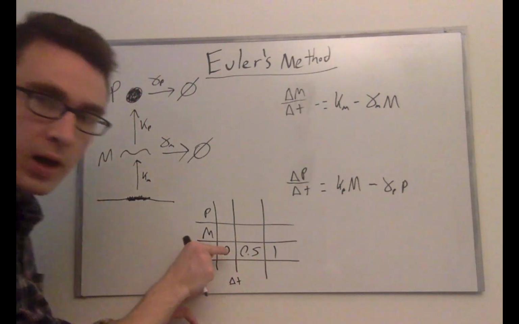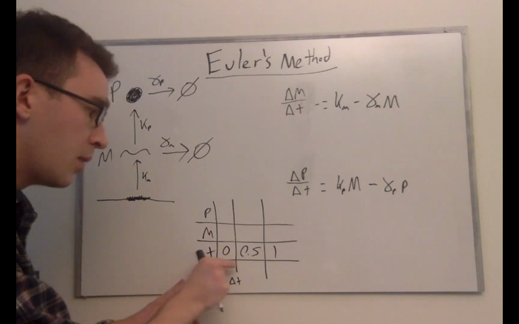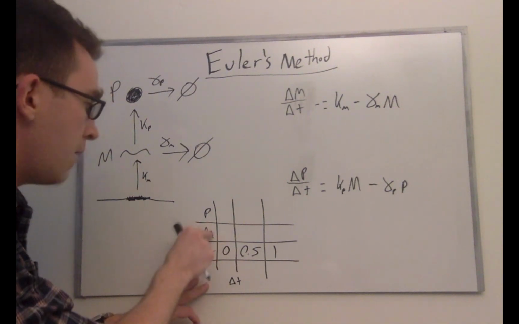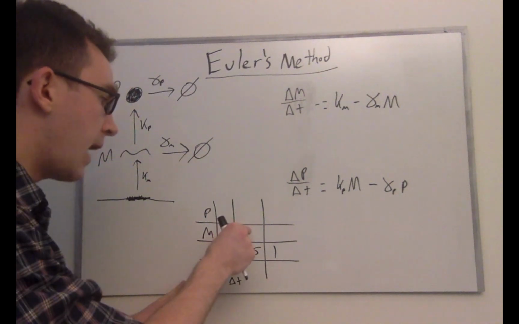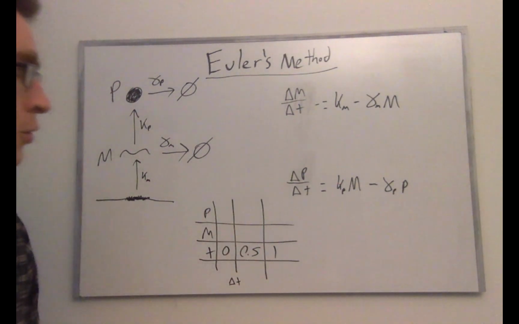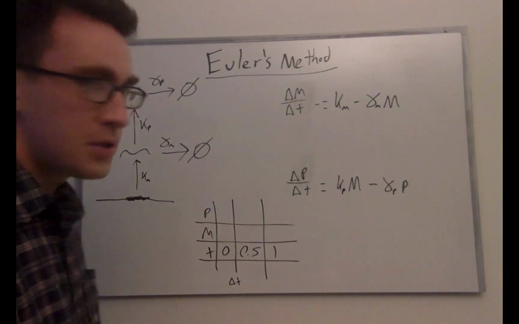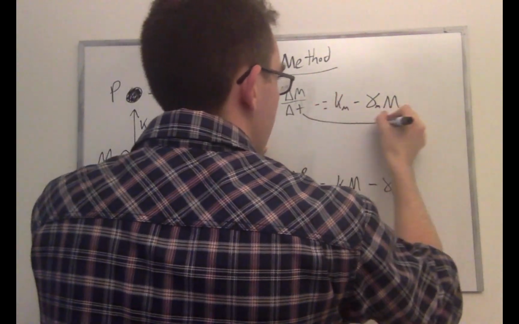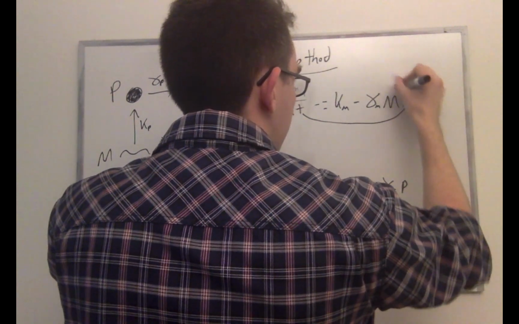So every iteration of the simulation, we update t by adding delta t to it. Then we update our variables m and p by calculating the delta m and delta p, and adding that to the previous value. That's basically what we're going to have to do. So in order to solve for delta m and delta p, all we have to do is take the delta t over to this side.